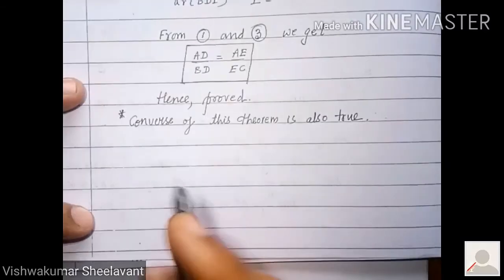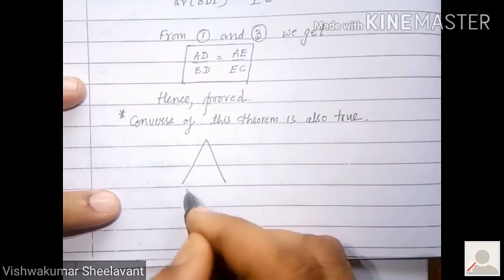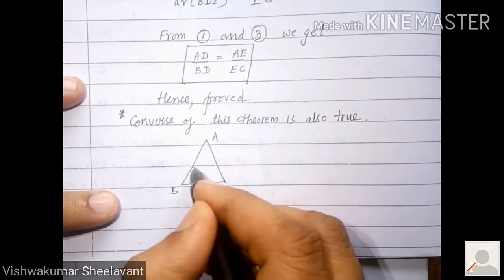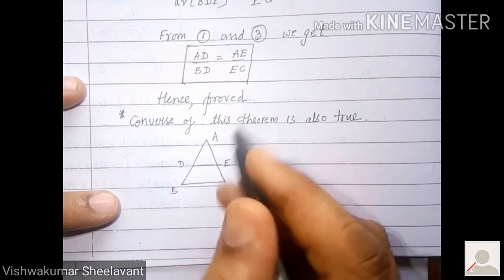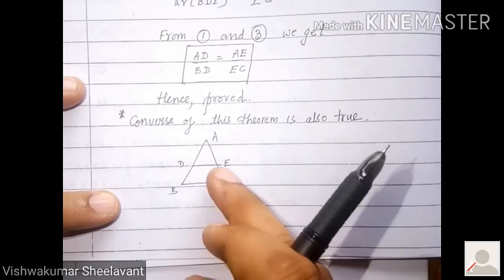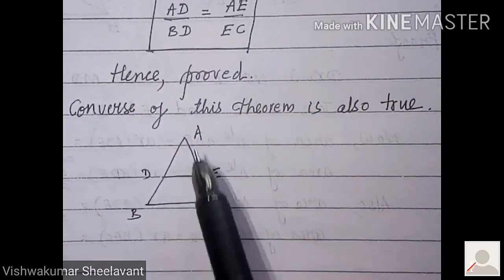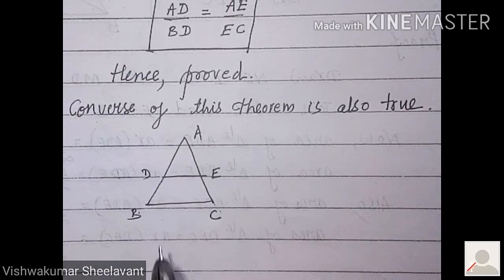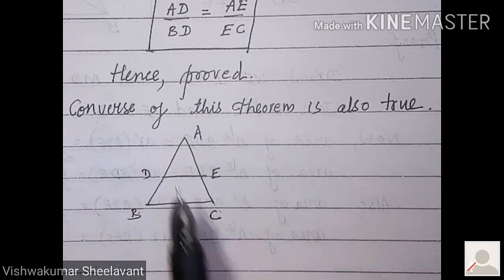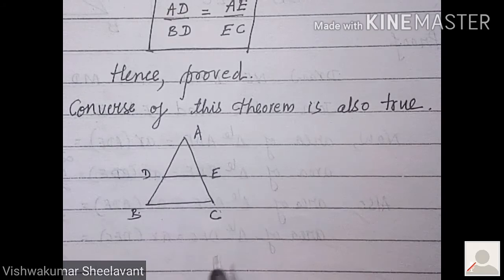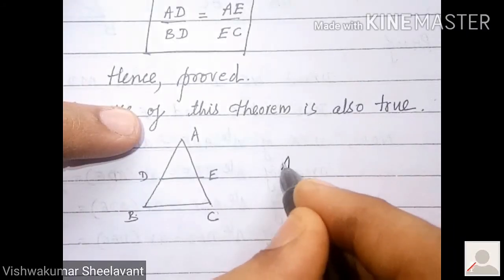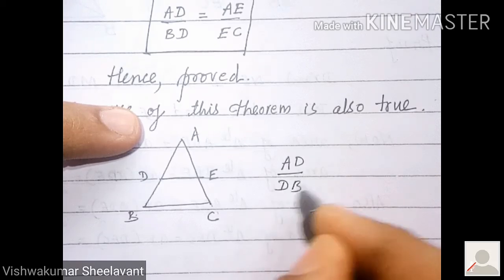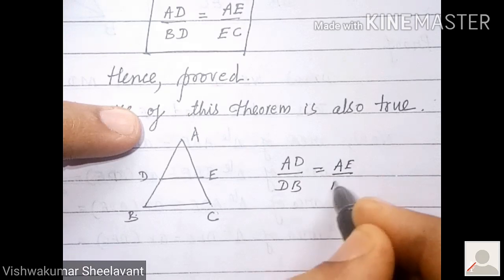It means that in triangle ABC, if a line is intersecting AB at D and AC at E, we don't know whether it is parallel to BC or not, but it is intersecting AB at D and AC at E in such a way that AD by DB equal to AE by EC. In this way.